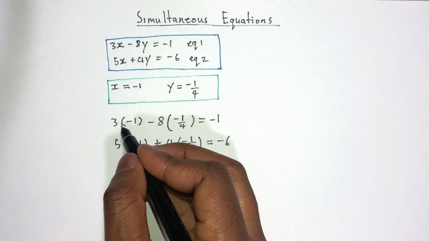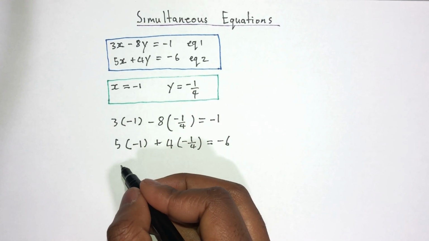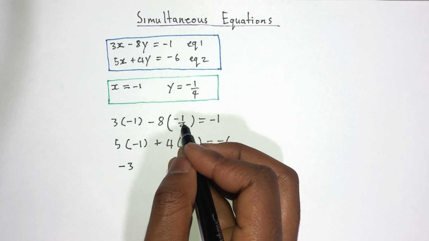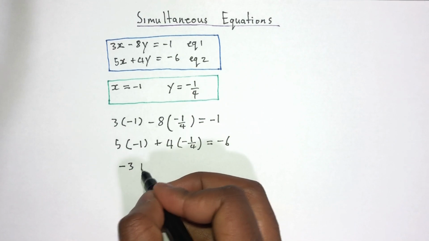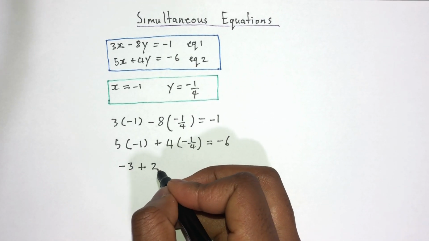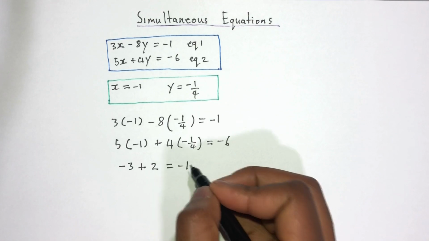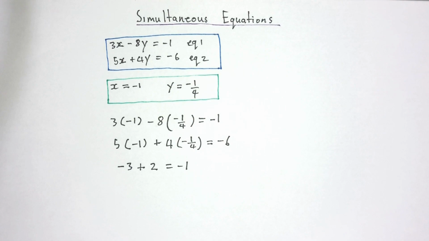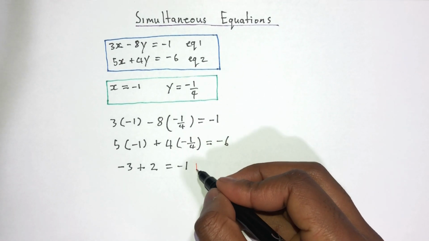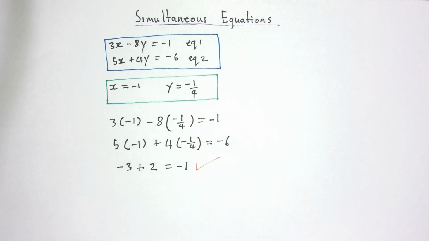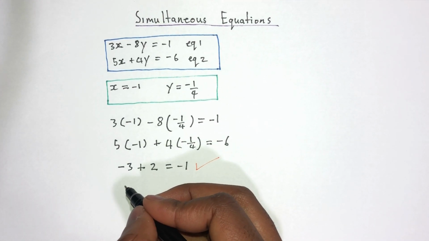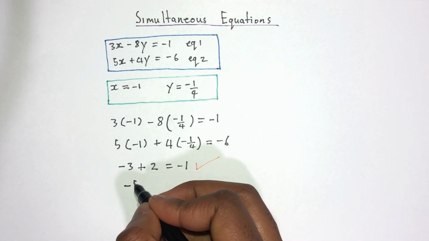So here we have negative 1. So 3 times negative 1 gives us negative 3. Negative 8 times negative a quarter gives us positive 2. Negative 3 plus 2 gives us negative 1. Good. 5x, which is 5 times negative 1, gives us negative 5.